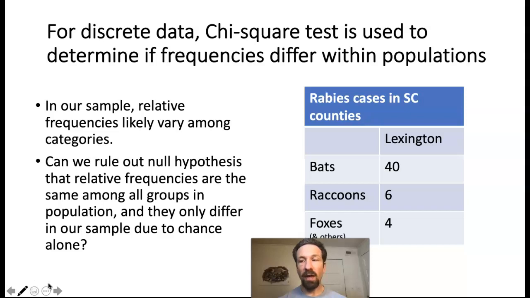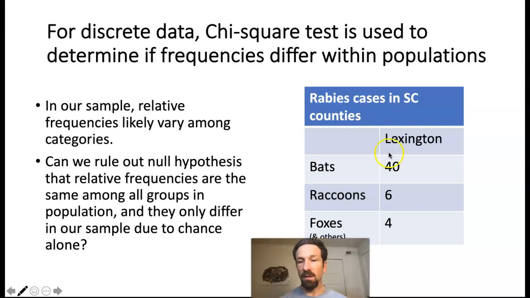This is an example that I'll introduce and you'll have an opportunity to work on later. And this looks at the number of documented rabies cases in animals in one South Carolina county, specifically Lexington County near Columbia. And many animals were presumably brought in for testing.